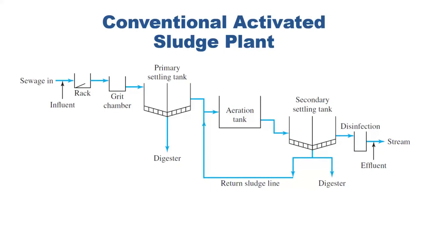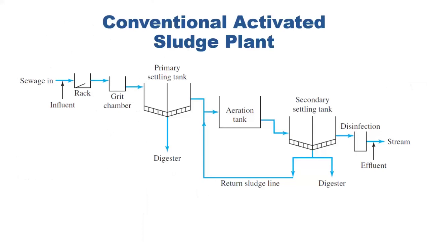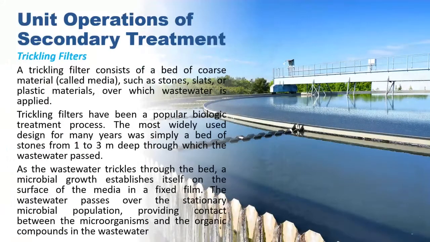It starts with the bar rack, then after that it enters the grit chamber, and then primary settling tank or the digester. Then after that it enters the aeration tank, then the secondary settling tank, and the disinfection prior to distribution. Now let's move on to the trickling filters.